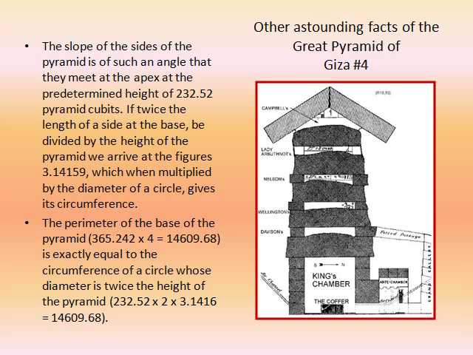The perimeter of the base of the pyramid, 365.242 times 4, is equal to 14609.68, exactly equal to the circumference of a circle whose diameter is twice the height of the pyramid. 232.52 times 2 times 3.1416 is equal to 14609.68.